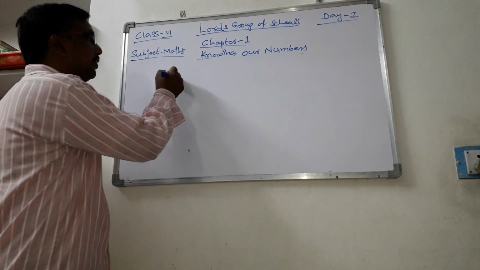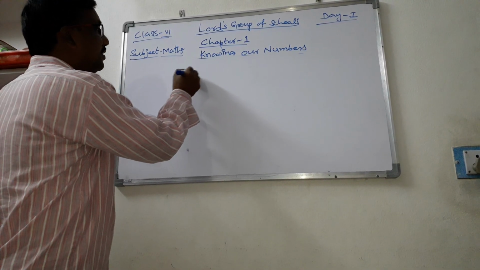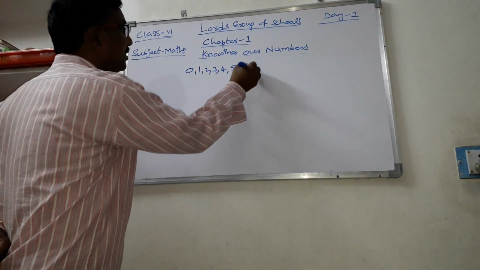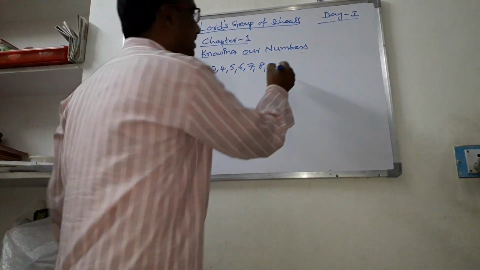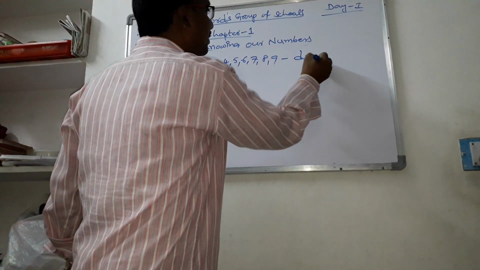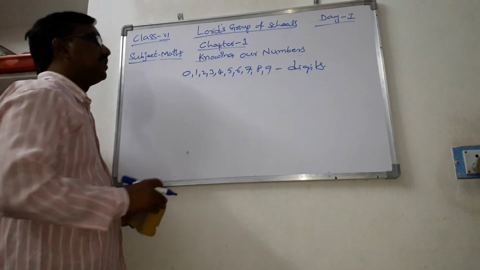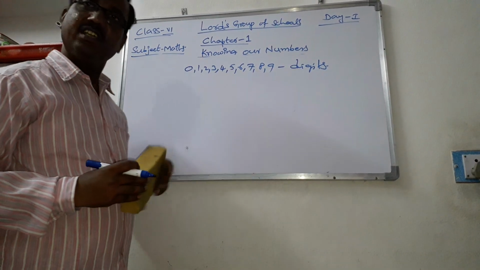As we know, numbers are represented by the symbols 0, 1, 2, 3, 4, 5, 6, 7, 8 and 9. These are also called digits. The smallest digit is 0. The greatest single digit is 9.